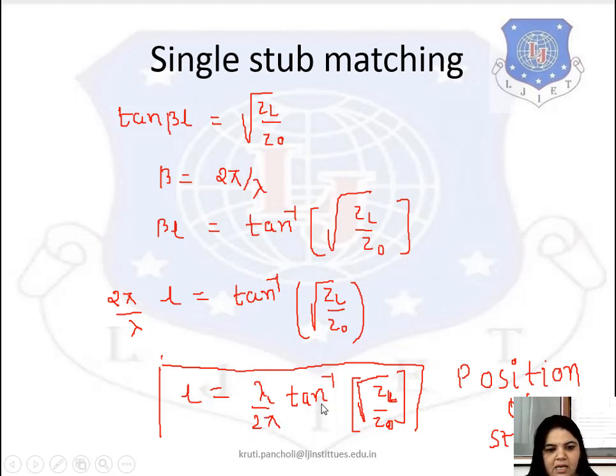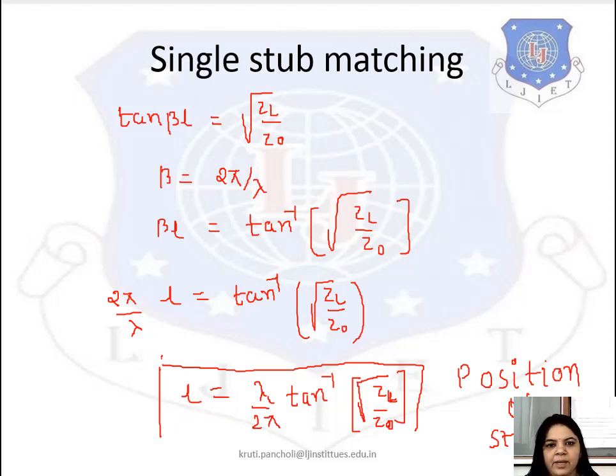What is this L? That L shows the position of the stub. So where do we have to put the stub? By putting the values into this equation, we get the position of the stub from the load.